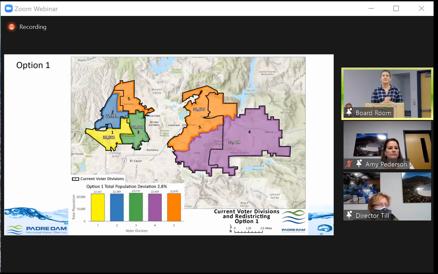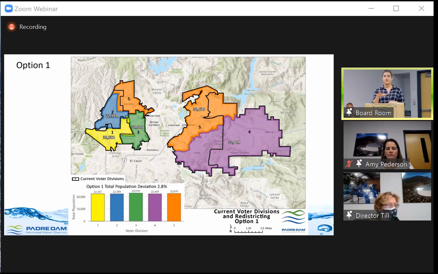Next slide, please. Let's take a look at option one. This map has shaded areas which represent our option one proposed voter divisions. The white text on each division is the total population for that division, and that total population is also seen in the chart on the lower left.